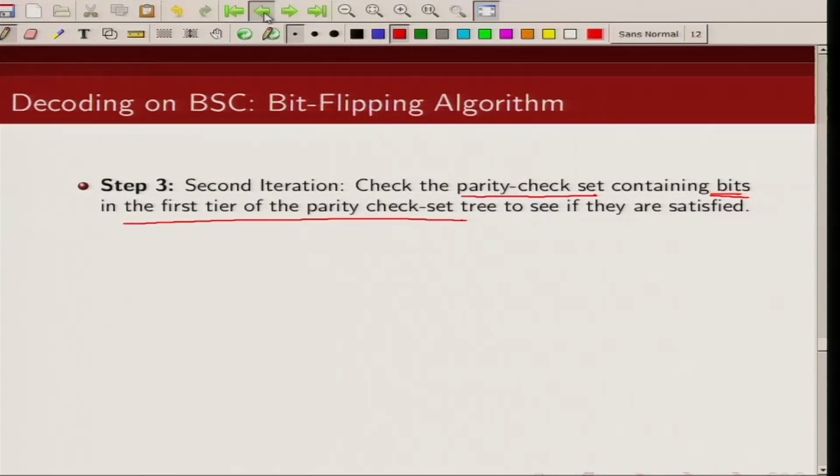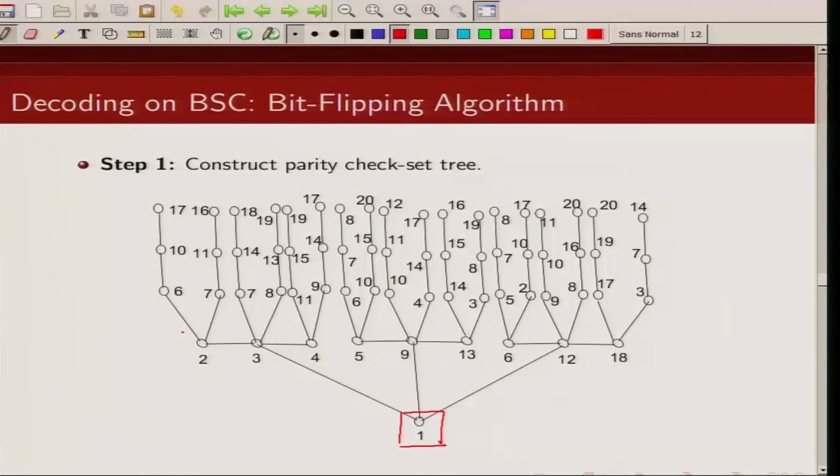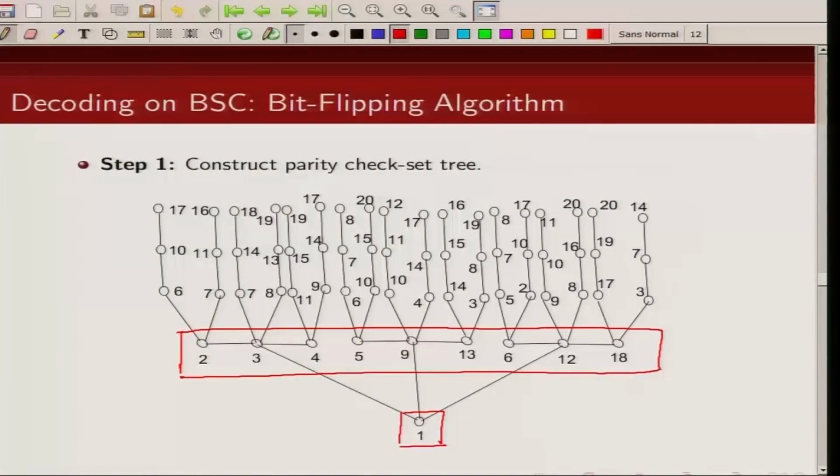So we are going to go into the first tier and look at these bits, 2, 3, 4, 5, and see if the parity check sets involving these bits are getting satisfied. If they are getting satisfied, fine. If they are not, then we will again have to flip the bit to make them satisfied. So this is how we are going to proceed. So let's look at the second iteration.